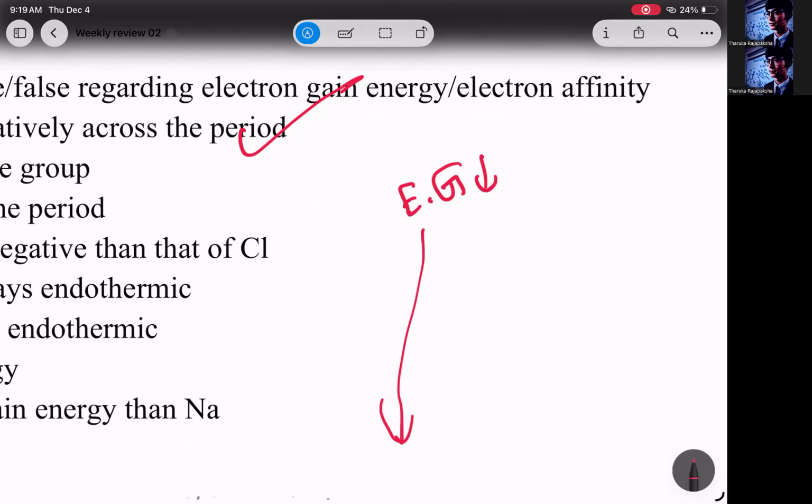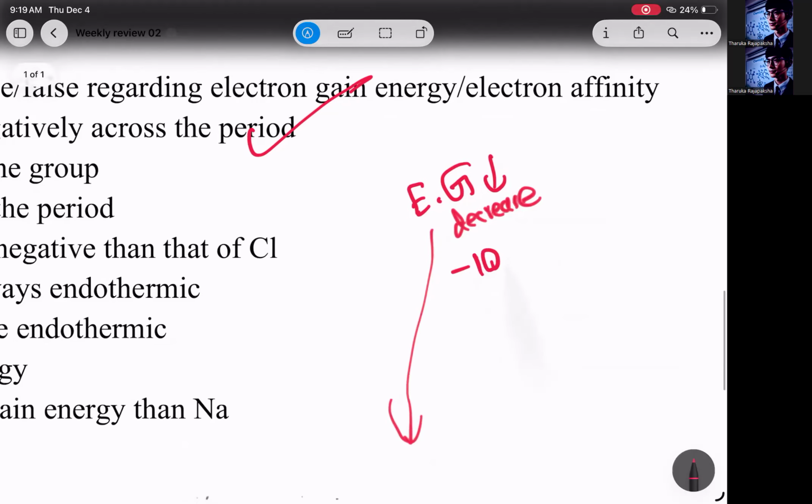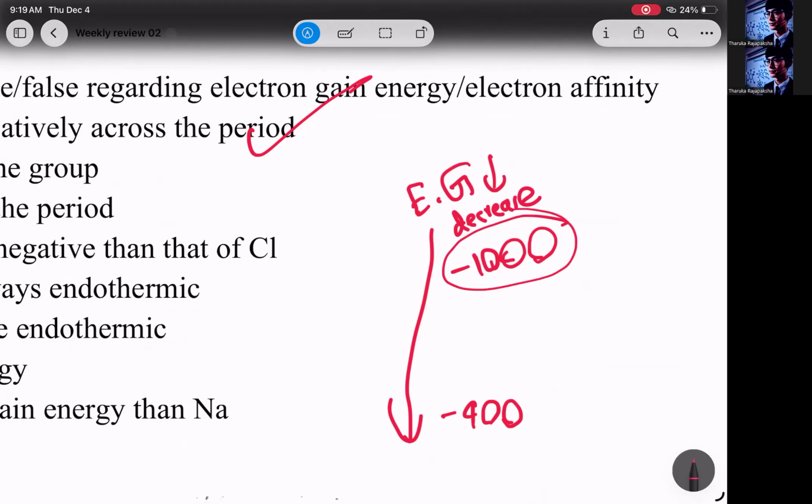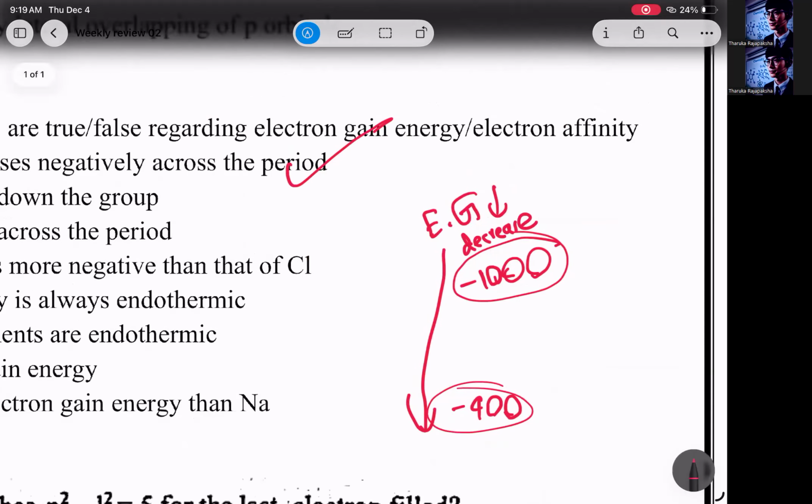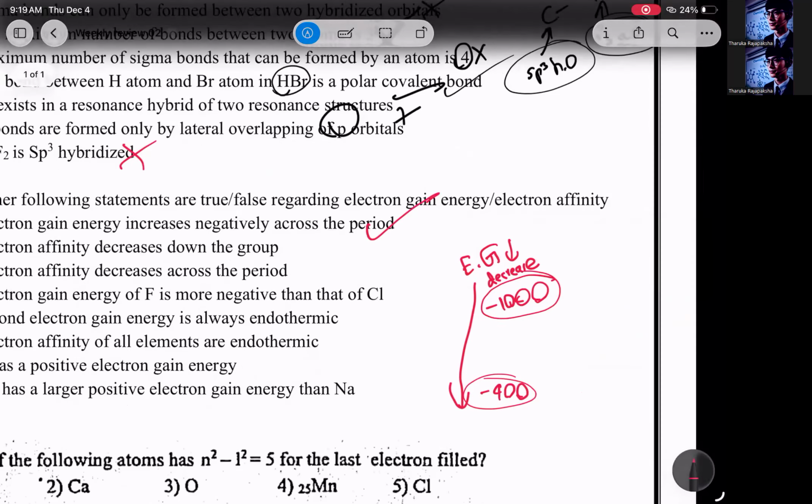Going down, it decreases, okay? What does decrease mean? If the top is -1000, the one below is -400. So it decreases negatively. But on a number line, it becomes closer to zero, so you can take it as increasing positively. You have to think with common sense. So it decreases negatively, and that is what electron gain energy decrease means. They say electron affinity decreases down the group. Now, what is electron affinity?